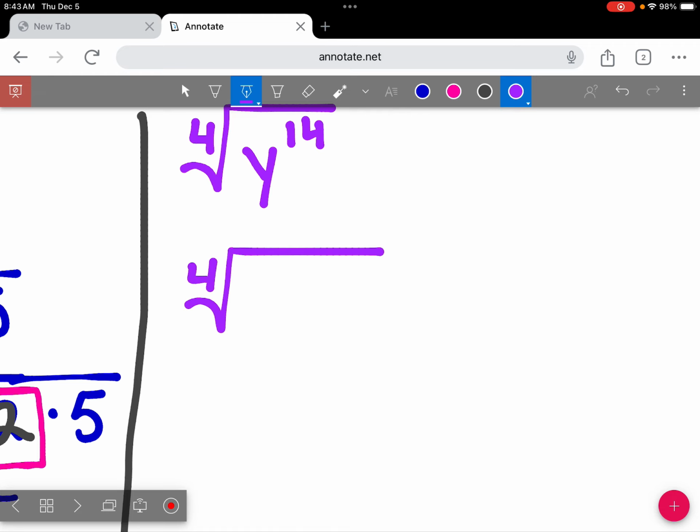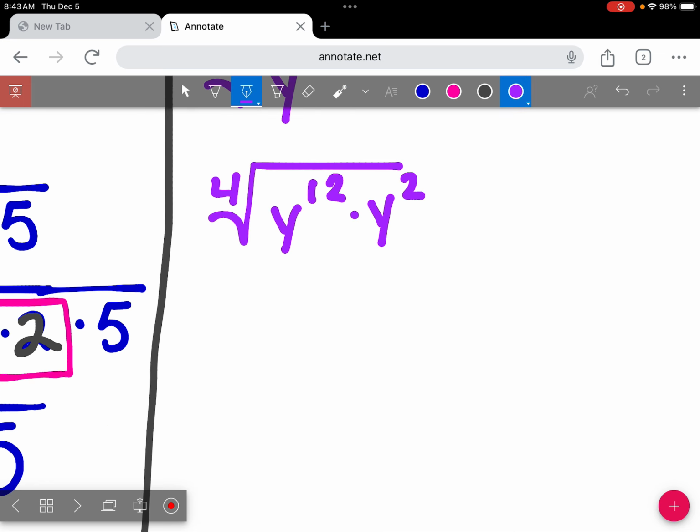So for our groups of 4, I could make it be y to the 12th times y squared, because I can make groups of 4 out of this one evenly, and this is going to be my leftovers. So we have 3 whole groups and our leftover bit of y squared.